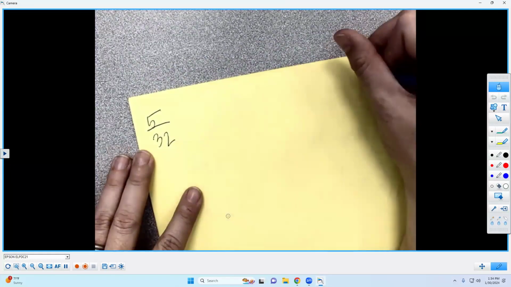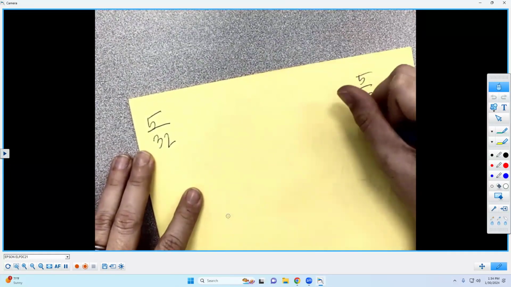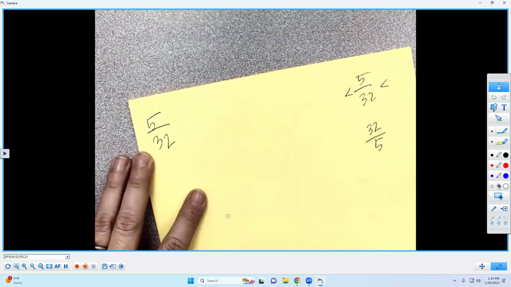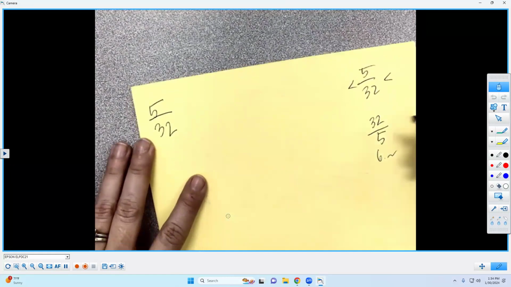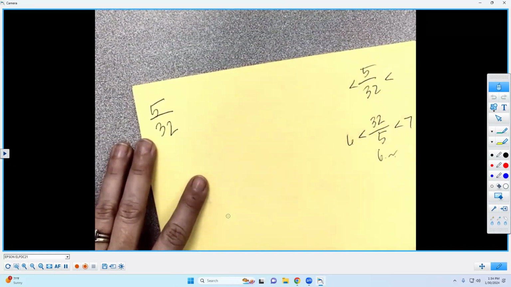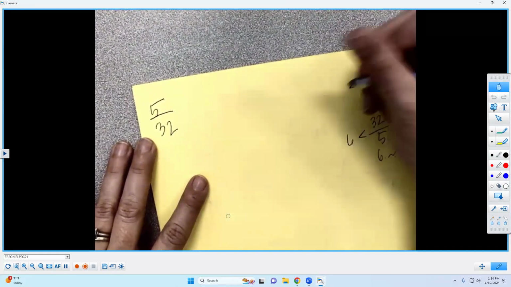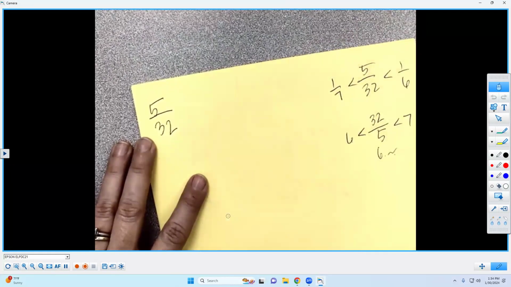If you do the reciprocal thing, 5/32, if you flip it to get a whole number, 32 divided by 5 would be 6 point something. It doesn't even matter. You don't actually have to know what the decimal part is, right? We just know it's in between 6 and 7. So my fraction is in between 1/7 and 1/6. You have to switch them every time.